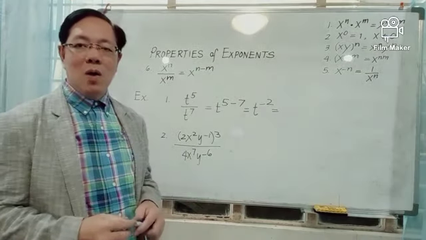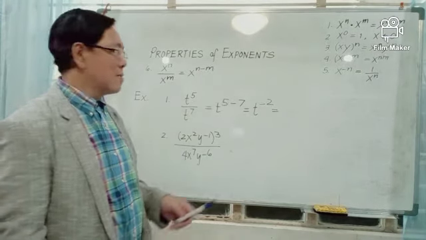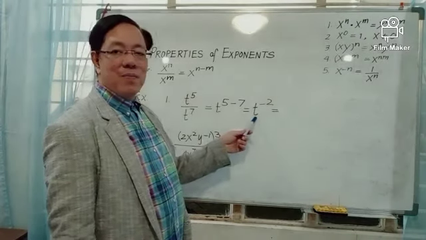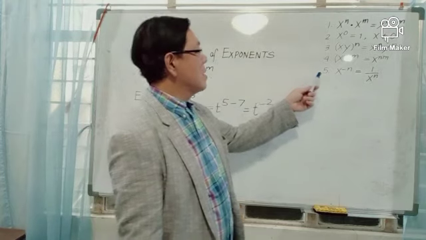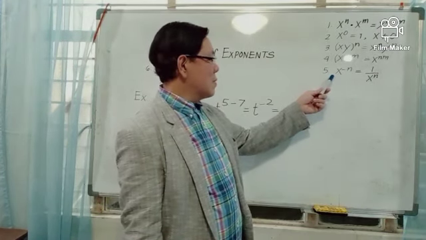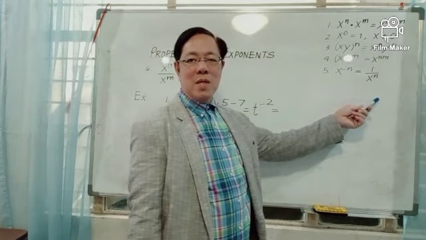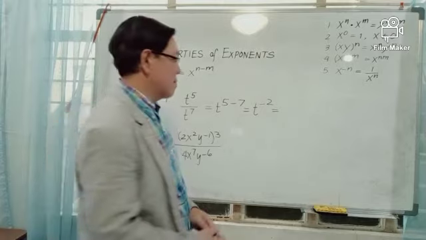From now on, we will always remove negative exponents from the final answer. We want to have a positive exponent for t, so we apply the 7th property of exponents. You bring this down to the denominator, and we take the opposite sign of the exponent.